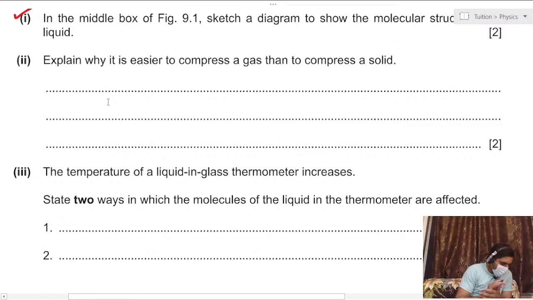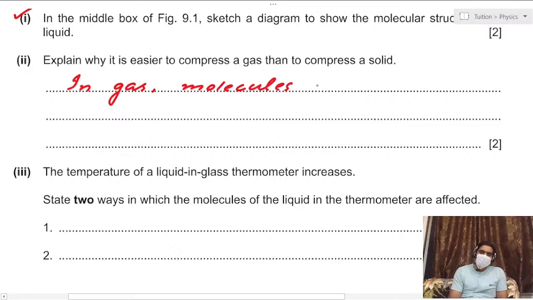Okay. Particles far apart can be brought together as for solid. Yeah, that's totally right. More space between molecules. In gas, molecules are far apart. They can be brought close together.